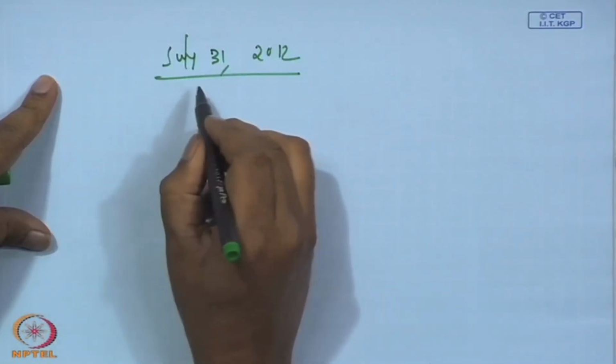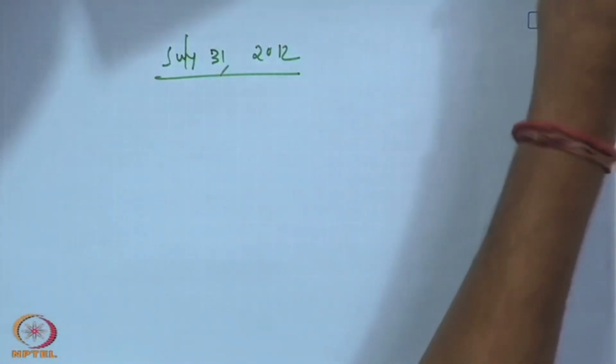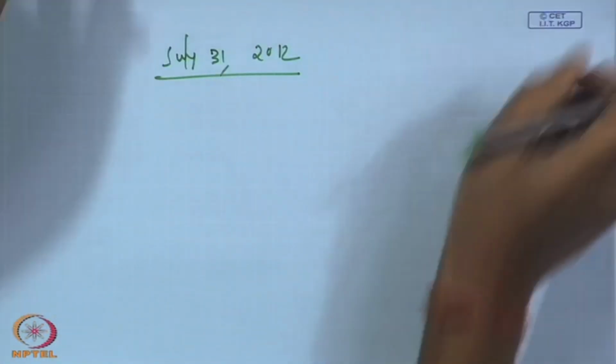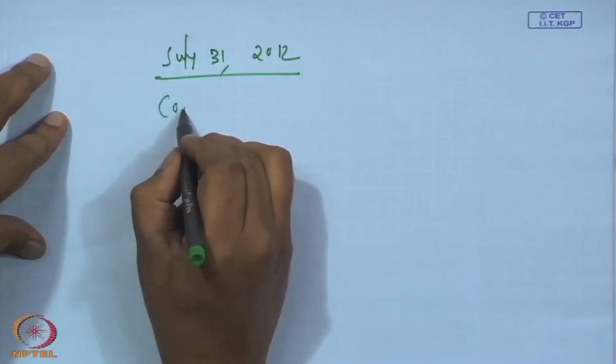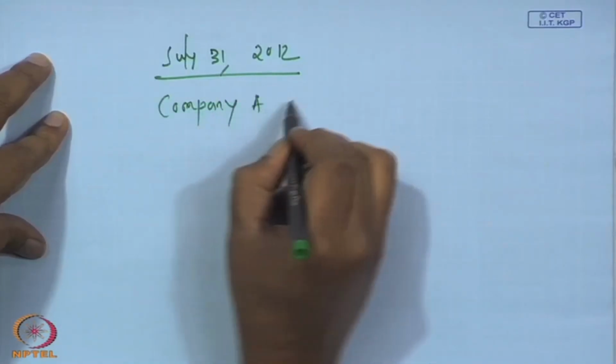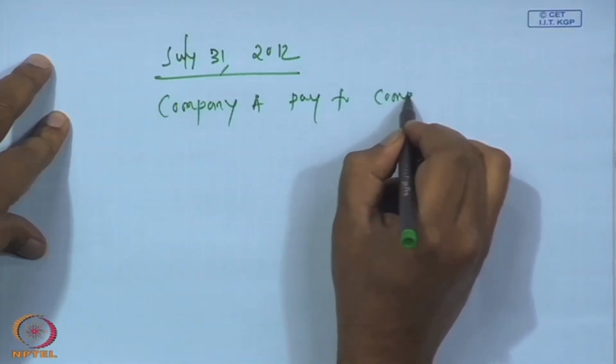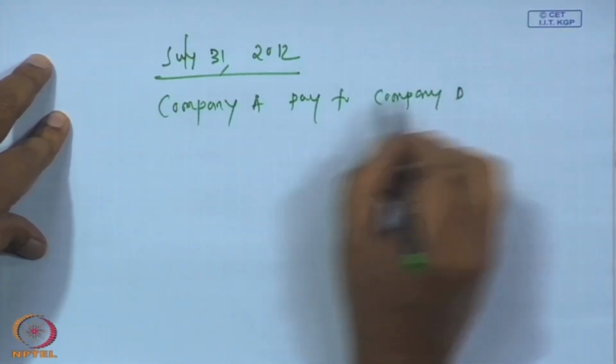So, how much will company A pay? Company A will pay and company B will pay, again a swap transaction will take place. Company A pays to company B how much?